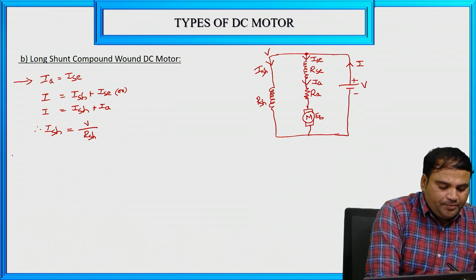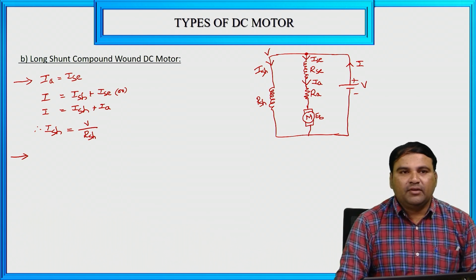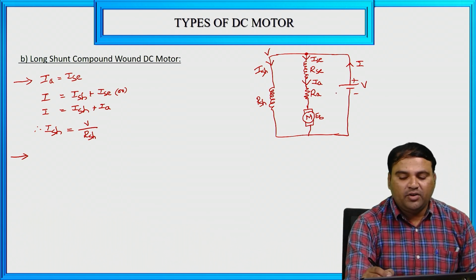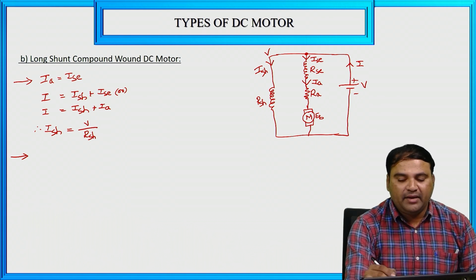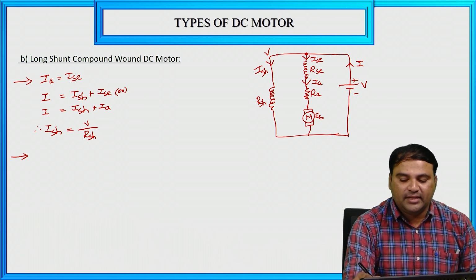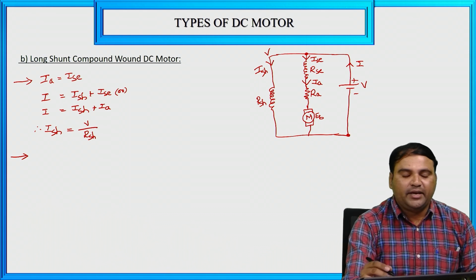So now we have to write the voltage relation. For the voltage relation we have to apply KVL in this loop. So for that I am starting from this point. When I am starting from this point, always we need to take the second polarity.